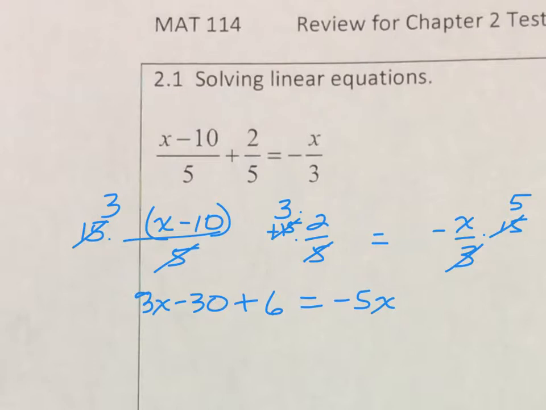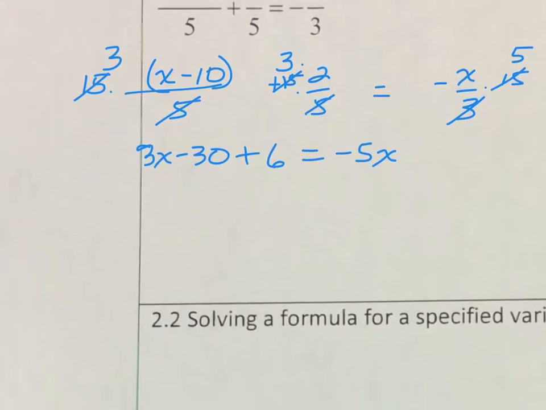So let's go ahead and take this problem home. So we got a negative 30 and a plus 6 we can combine and make negative 24. And it probably makes some sense to put the x's on the right this time, doesn't it?